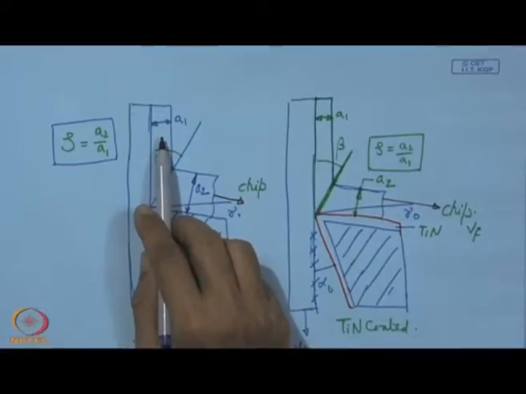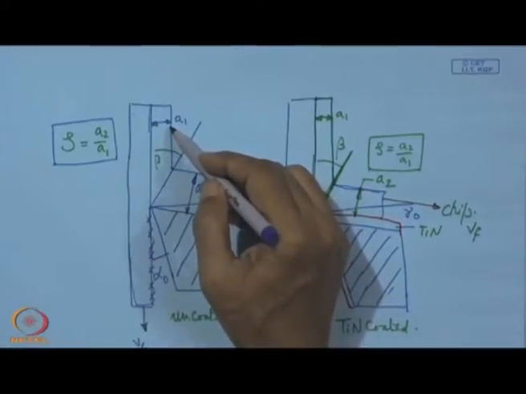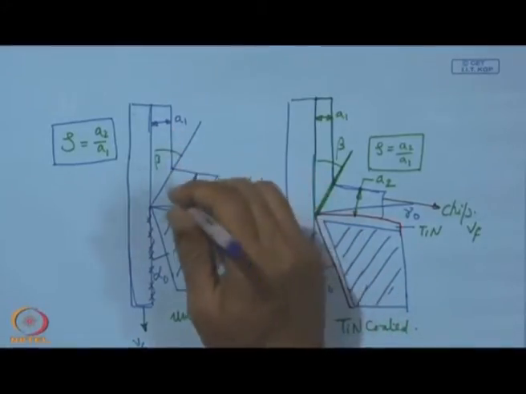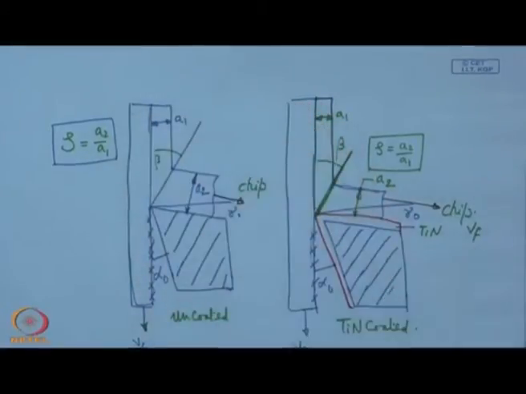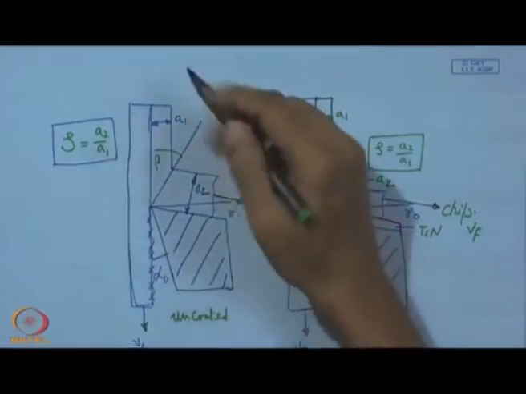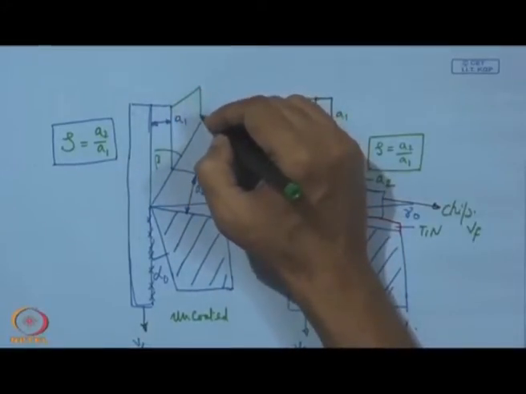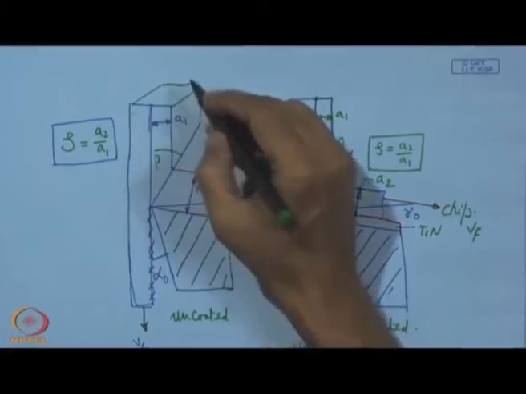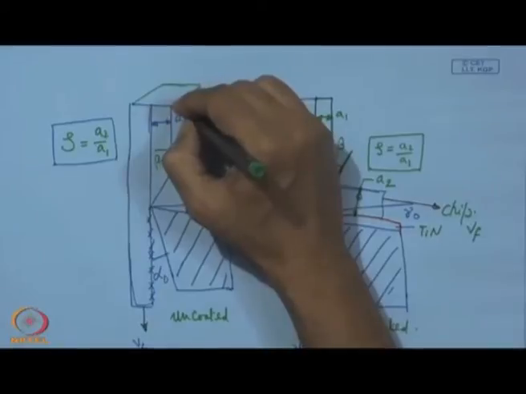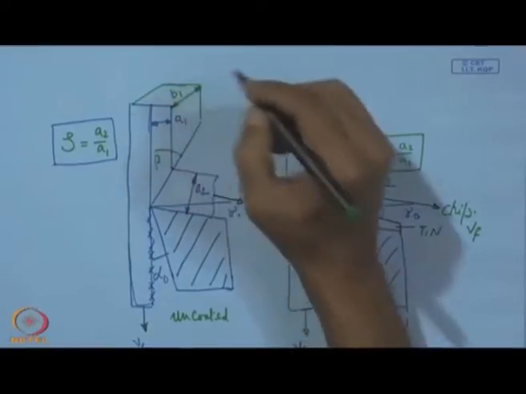So, the material removal rate will be given by this A1 on one side, then the width of the chip, this is only one dimension. It is actually something like this, which we are not showing here. So, it is actually 3D. In 3D, this is the width of the chip, B1, that means the width of the chip.